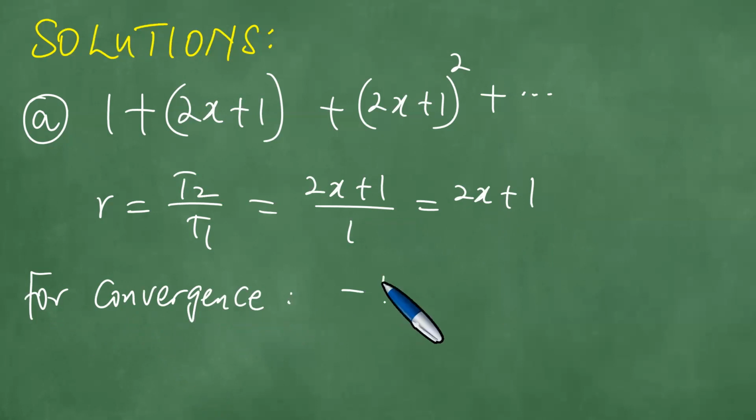For convergence, we require that the constant ratio must lie between -1 and 1, which means we have this. The constant ratio is 2x plus 1.